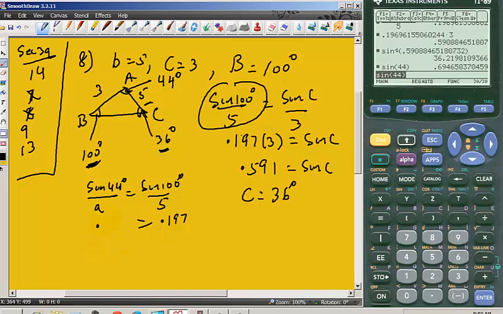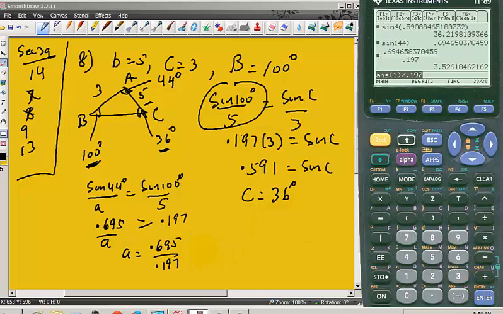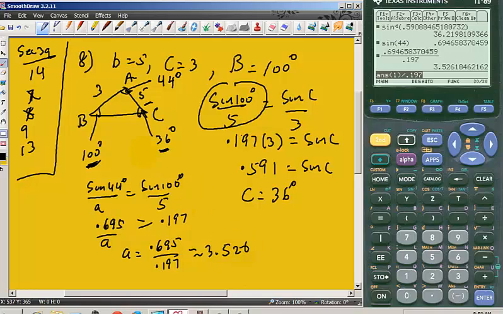It's going to be 0.695 over A. So when I cross multiply this, my A is going to be 0.695 divided by 0.197. Hit enter, and A turns out to be approximately 3.526.